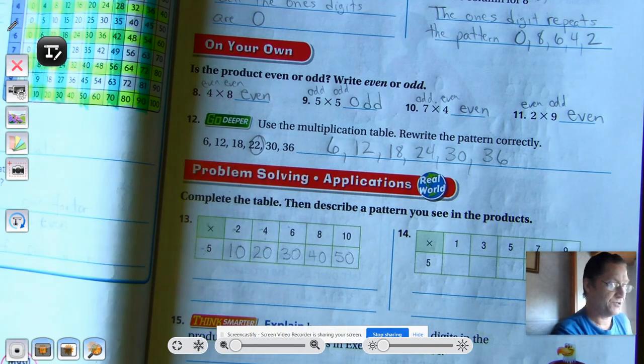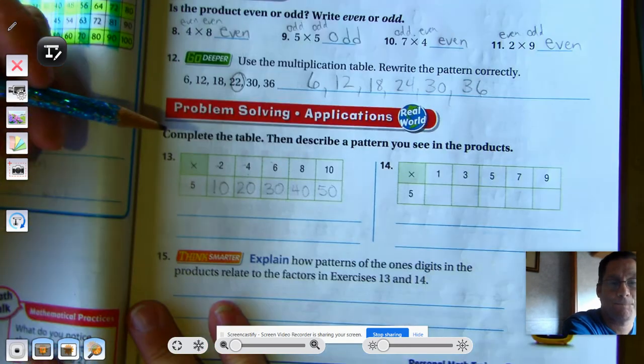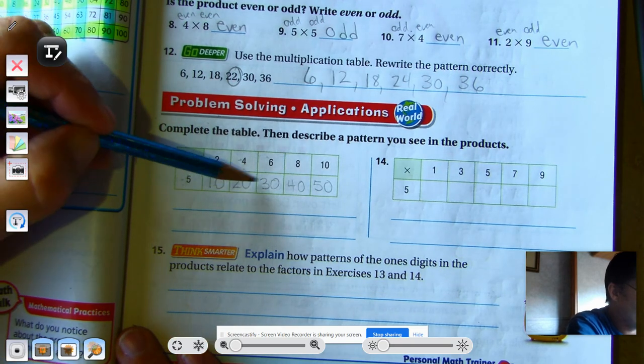Okay, so what pattern do you notice in the products for those problems? 10, 20, 30, 40, 50.